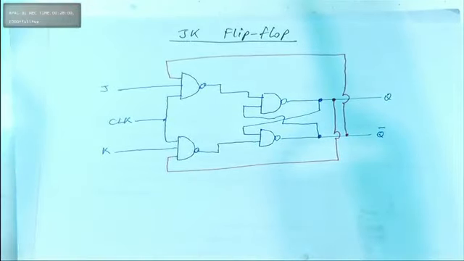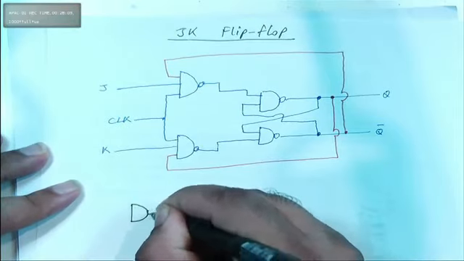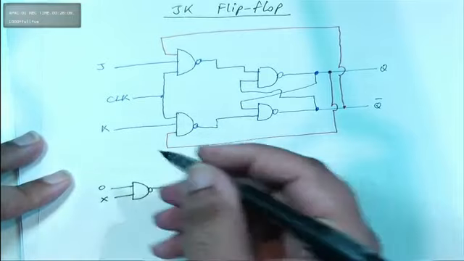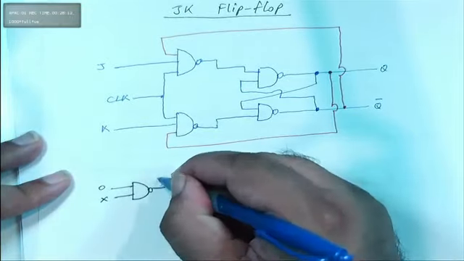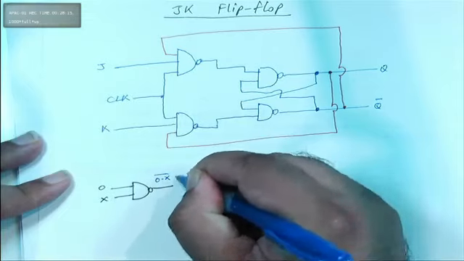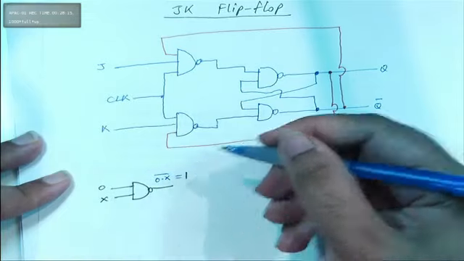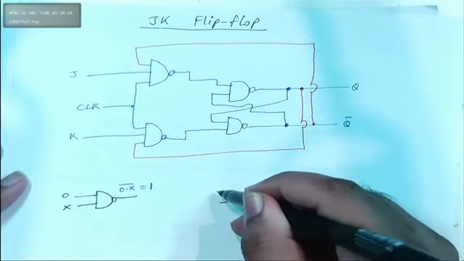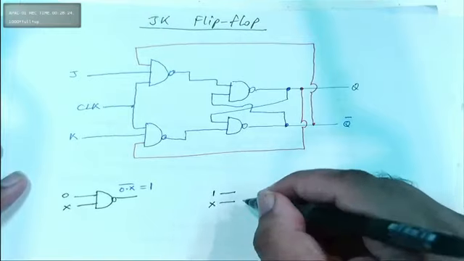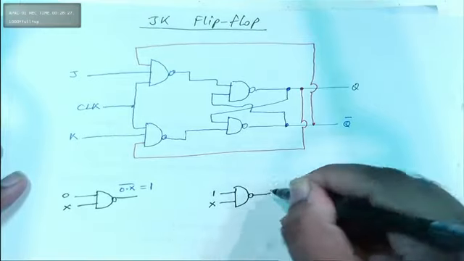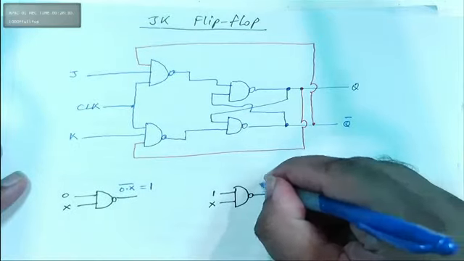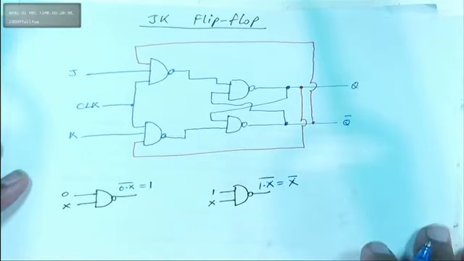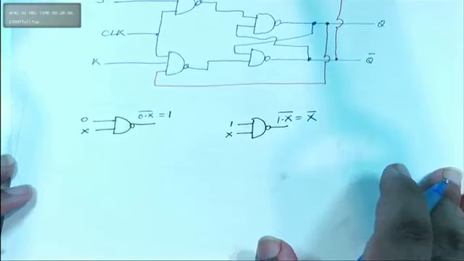If you have a NAND gate and you have 0 and X, 0 NAND X will always equal 1. Set? Everyone happy with that? We did this a while ago. And if you have 1 and X with a NAND gate, 1 NAND X will always equal X bar. Some basic rules, all right?